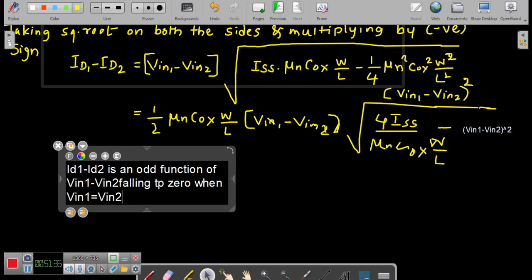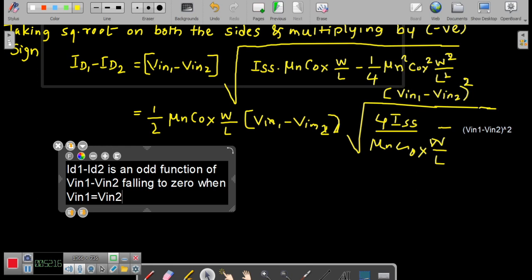You know what an odd function and an even function are, right? f of minus x is equal to minus f of x for all values of x for an odd function, and an even function is f of x equal to f of minus x for all values of x. So ID1 minus ID2 is an odd function of V in 1 minus V in 2, falling to 0 when V in 1 is equal to V in 2.